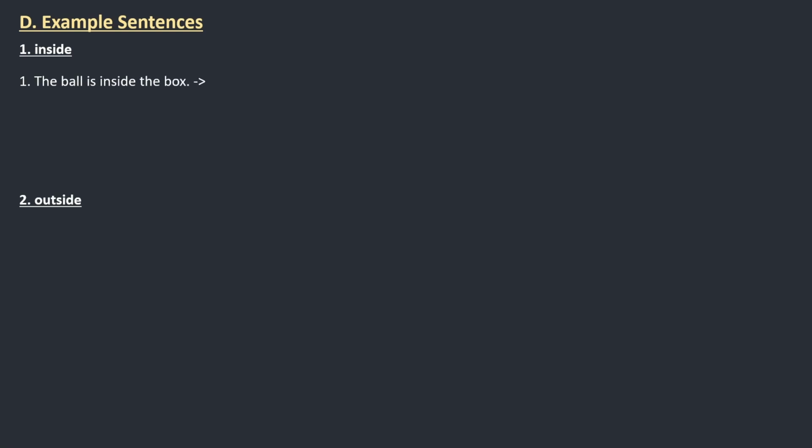Just remember my explanation. When you say inside the box, in Turkish you wouldn't say this directly. You'll have to indicate the possessive relationship, so like inside of the box. The inside belongs to the box.